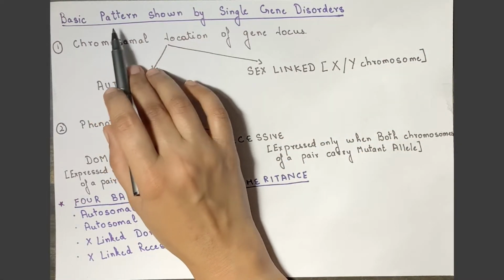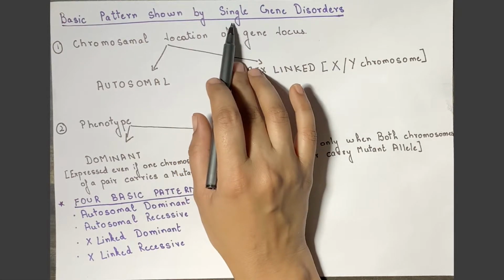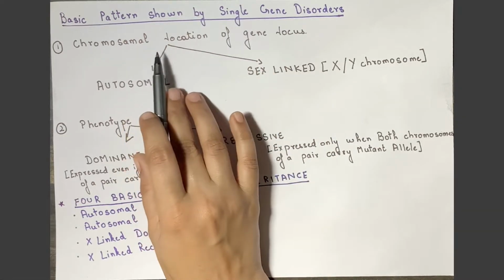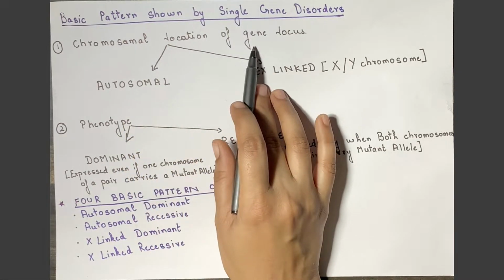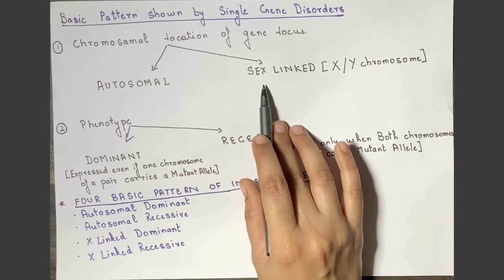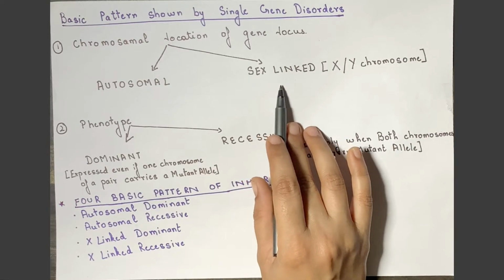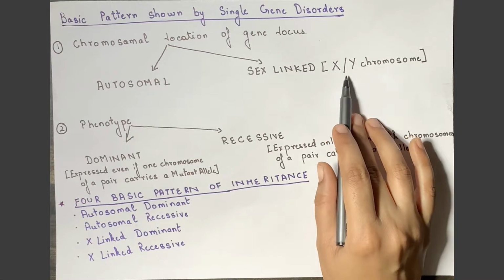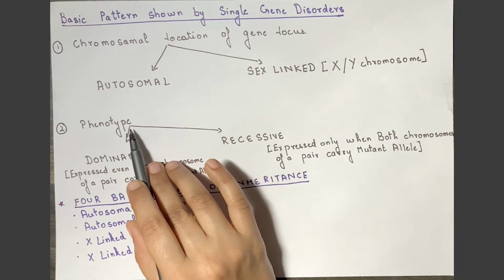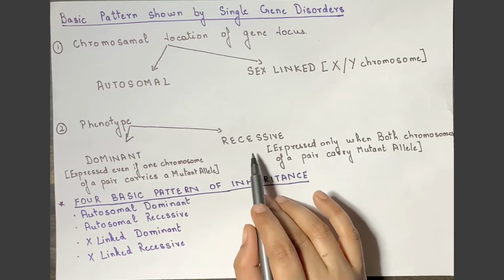The basic pattern shown by single gene disorders depends mainly on two factors. Number one, chromosomal location of the gene locus. That is autosomal, if the gene of interest is located on autosomes, or sex-linked, if the gene of interest is located on either the X or the Y chromosome. The pattern also depends on the expression of phenotype, that is dominant or recessive.